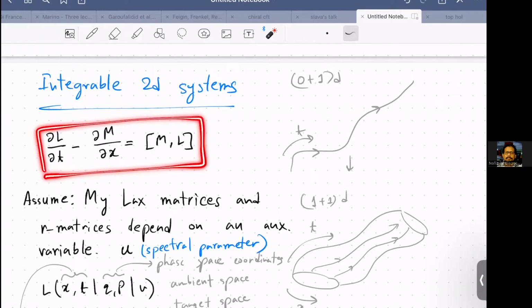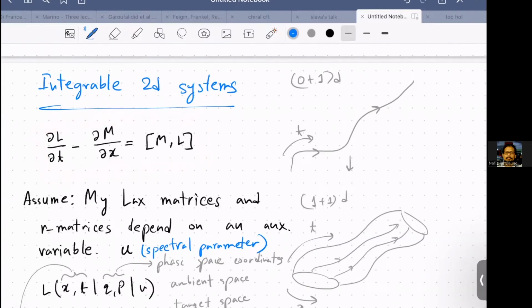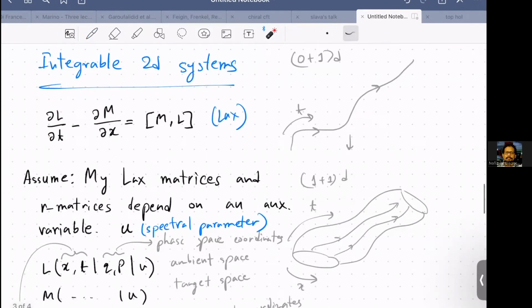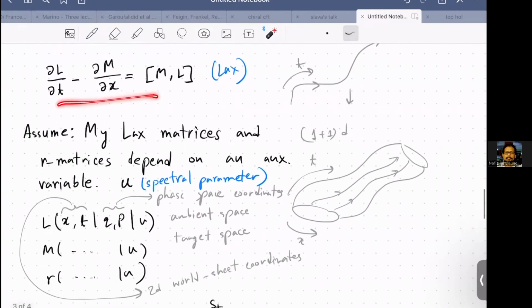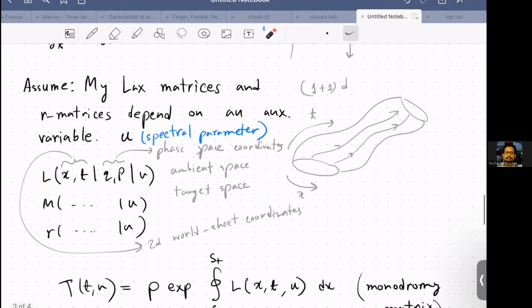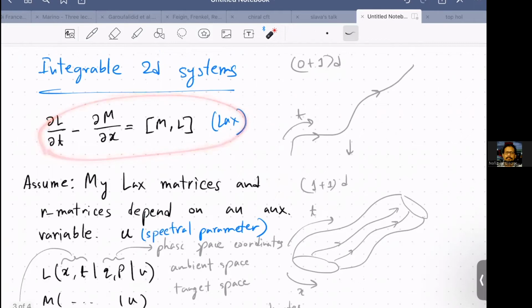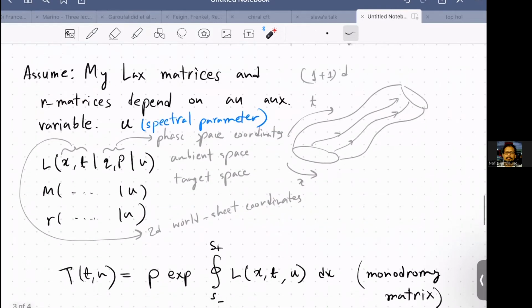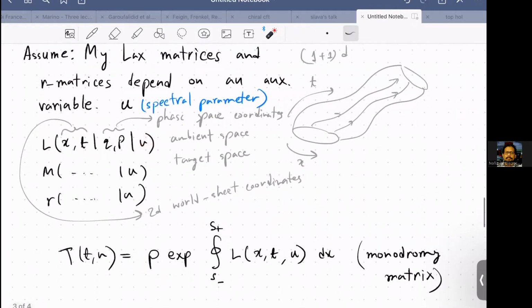And they satisfy this Lax equation. Right? So this is the Lax equation. Given that is the case, we further assume that we have not just a single pair of Lax operators, but a family of Lax operators parameterized by U. They all satisfy the Lax equation.